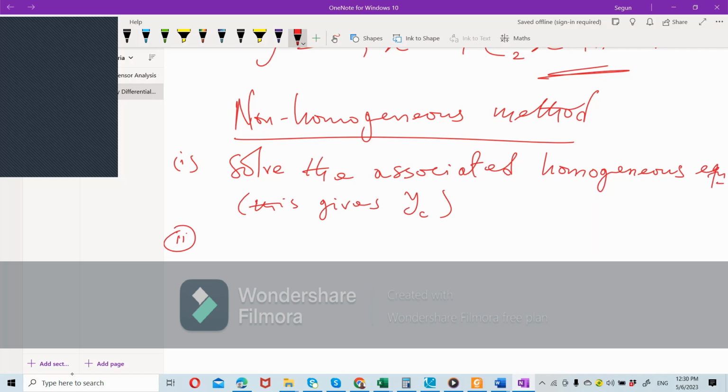You can put it in standard form. Divide the equation by a x squared and put it in standard form. After you have this, the y complementary is the same thing as C1 y1 plus C2 y2, right?